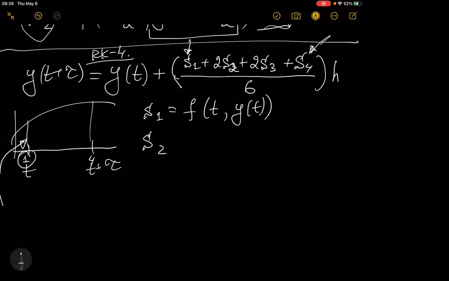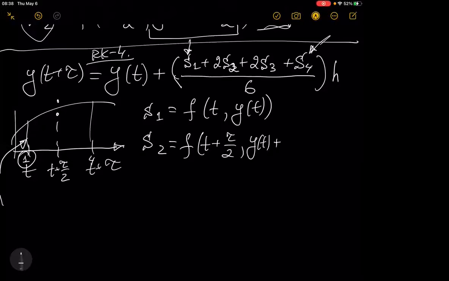Yeah, really, you use 2 evaluations at the midpoint. It's a little bit more advanced. So we use f(t plus tau divided by 2, y(t) plus S1 tau divided by 2).